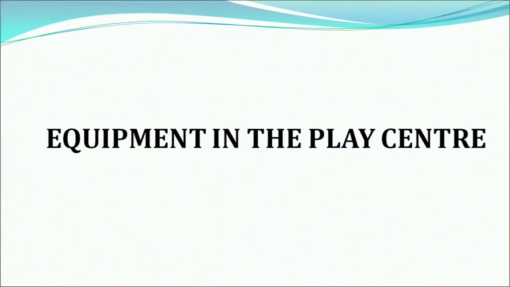Now, let us understand what kinds of equipment are there in the play center. What should be kept in this play center to attract the little children or to keep them engaged? A play center requires a variety of play equipment in order to provide children with interesting and challenging experiences. As I discussed, there are different kinds of toys in the play center.